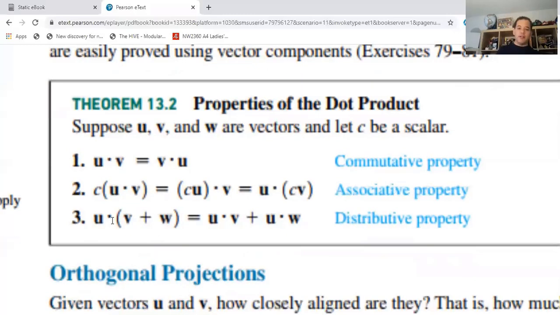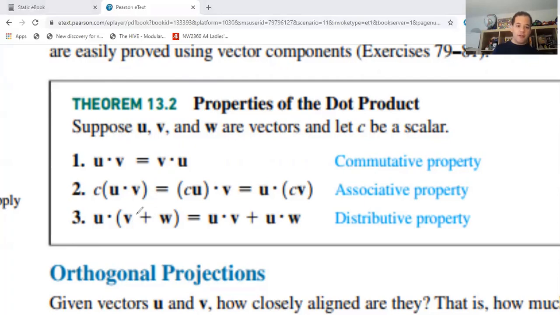And the last one is the distributive property. If you do the dot product of u times v plus w, you can do first u dot v and then u dot w and then add these two numbers, right? Now there's an important distinction to make here in this little equation.